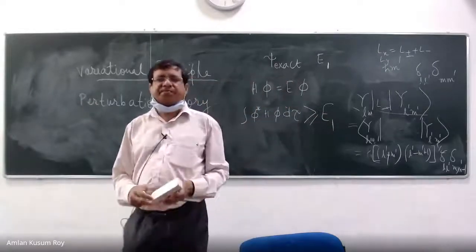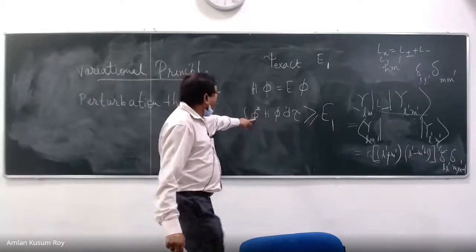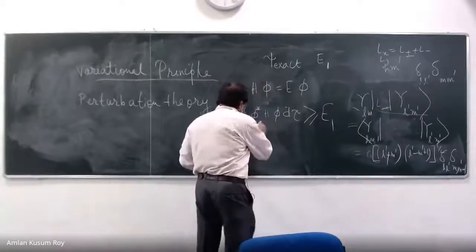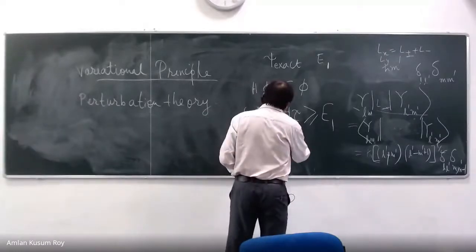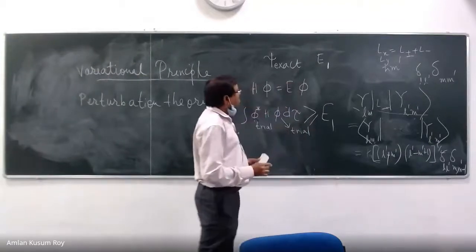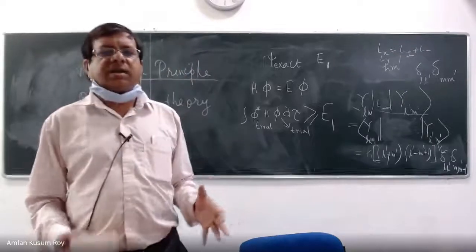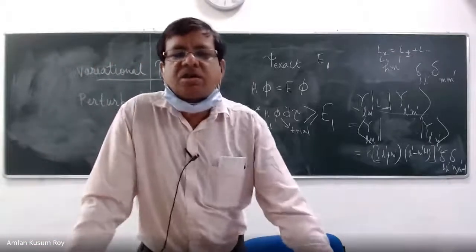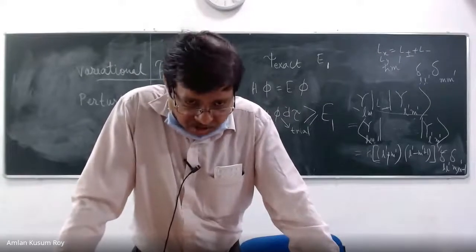What are all these? Phi star is, let us for understanding put, the trial function. Okay. And what is E1? E1 is the correct, exact ground state energy of the system that you will get if the solution is exactly solved.